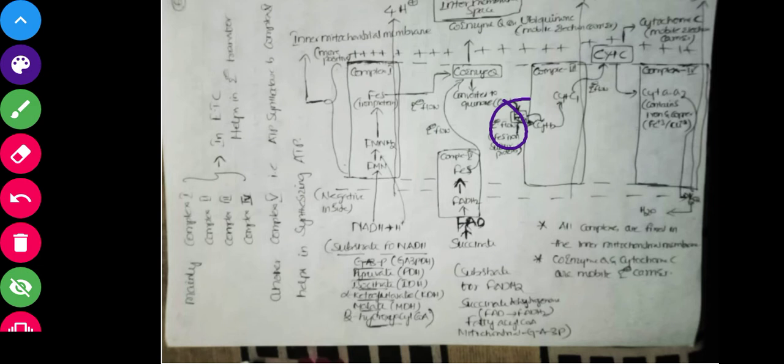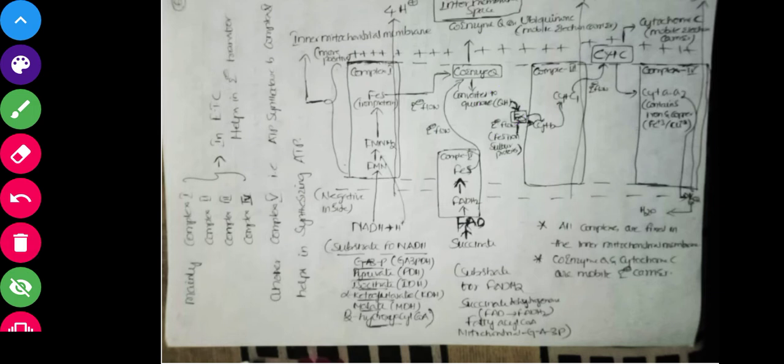What is complex 3? It is the coenzyme Q cytochrome C complex. From coenzyme Q, the electrons go to the cytochrome C complex. How do the electrons go? From coenzyme Q, that is ubiquinone, it finally supplies the electrons to QH2.